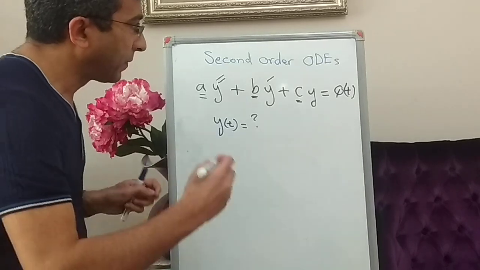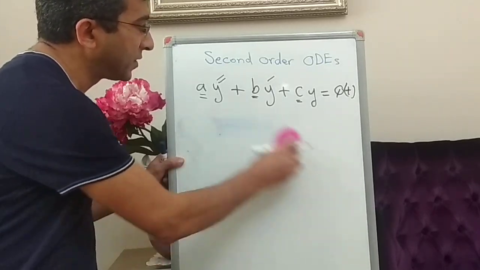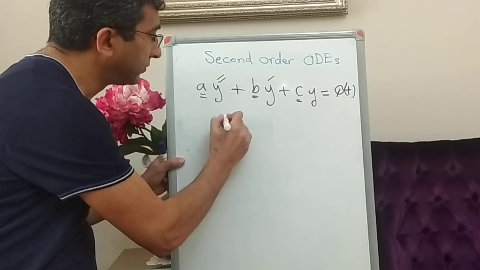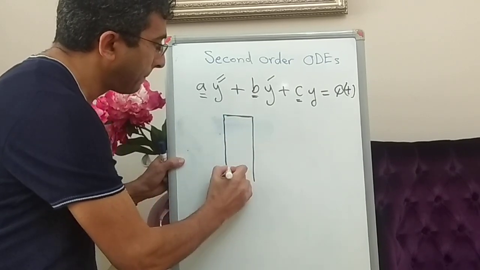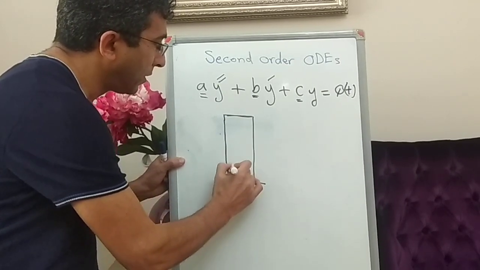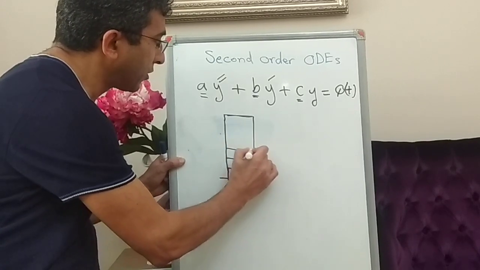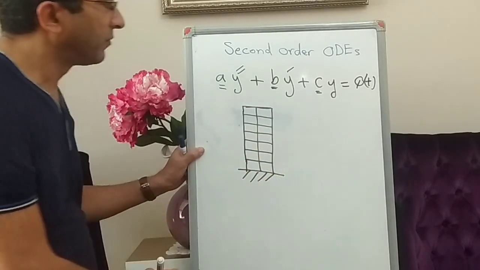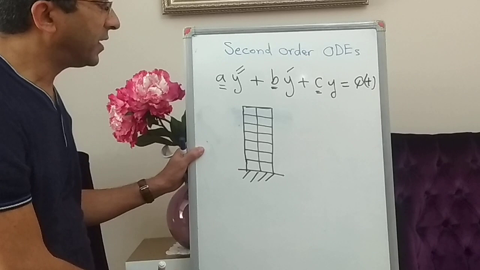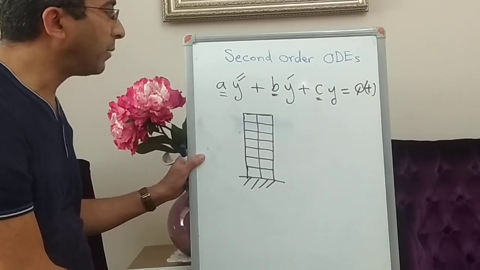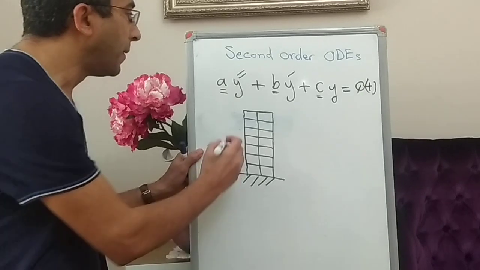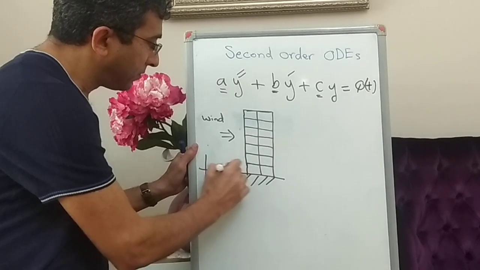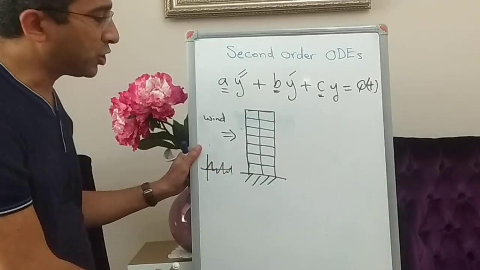Suppose that I have a high-rise building. This is my building with several stories, maybe 7, 8, or more. And this type of structure is exposed to dynamic loads during its life, such as wind or earthquake excitation.